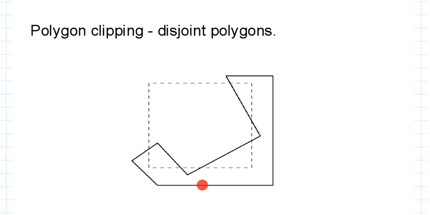Can you figure out what will be the resulting polygon? Just give it a thought. If you look carefully, you will find that after clipping you are going to get more than one polygon in this case, or more than one disjoint polygons.